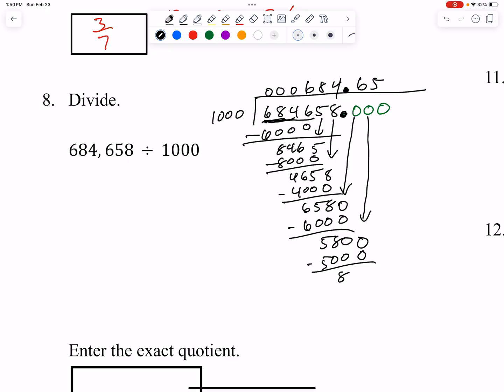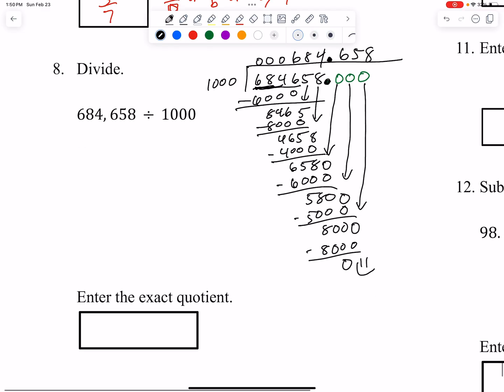So when I subtract them, I get 800 and bring down my last 0, because 1,000 goes into 8,000 perfectly. 8 times perfectly, I guess. 0 is my leftover, so I am done. There's no more remainder. So in this case, my number is 684.658.